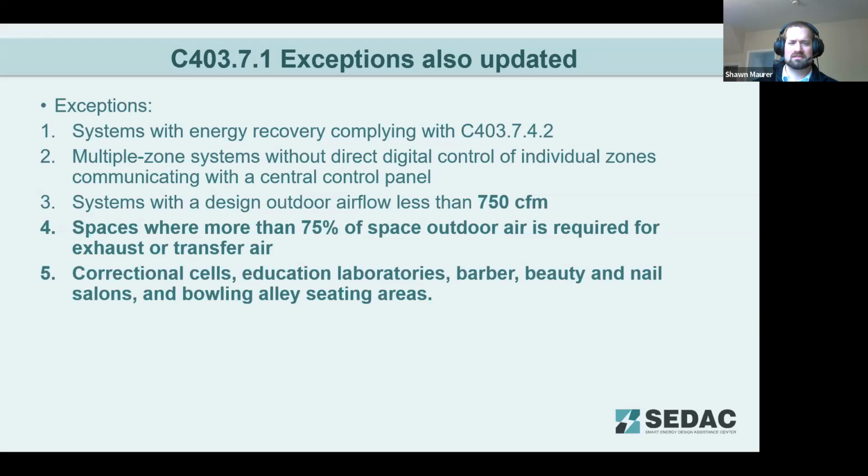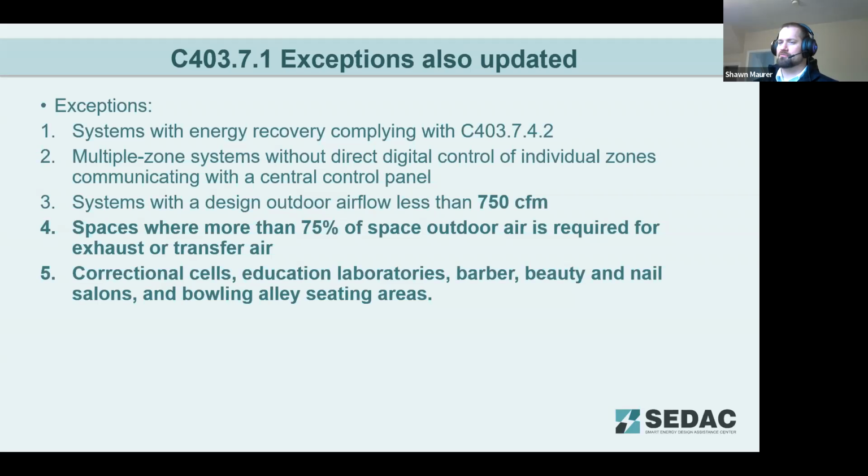For correctional cells, you're looking at nearly continuous occupancy, so DCV doesn't really have an opportunity to dial back. For the other locations, even if occupants aren't in the space, there's chemical off-gassing and other things in use in that area that can emit VOCs and odors into the space.